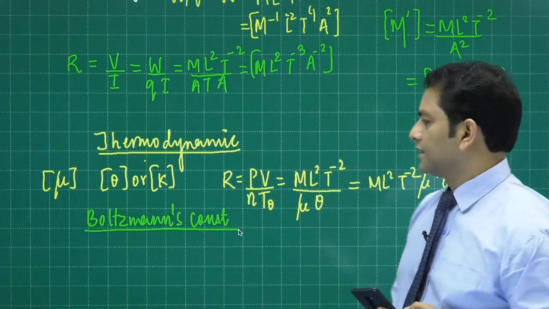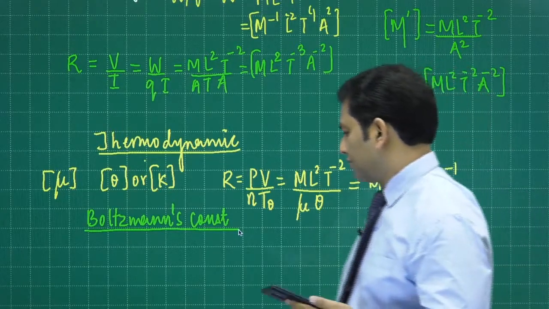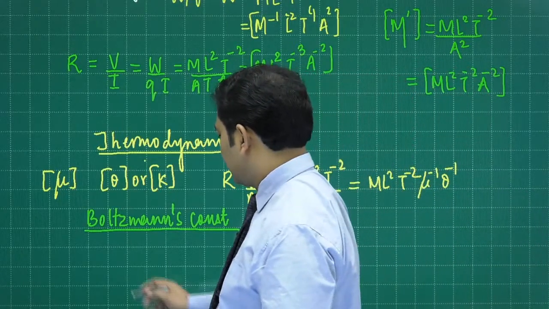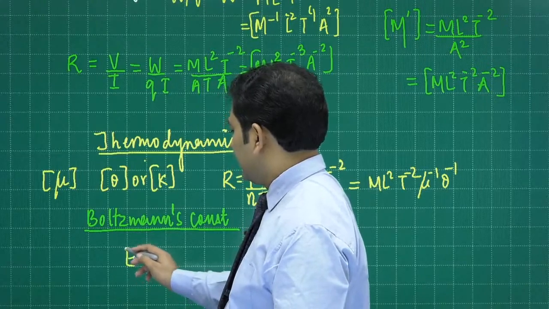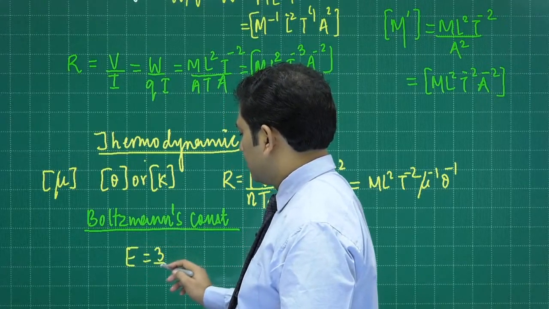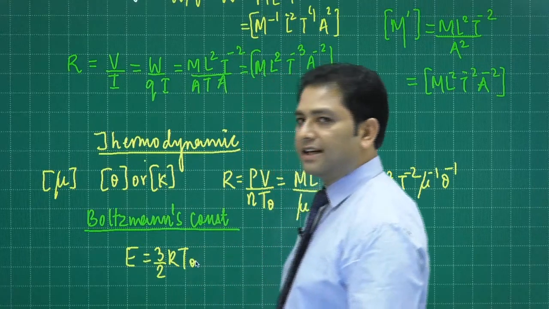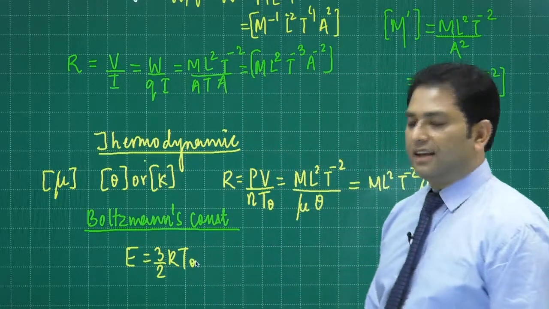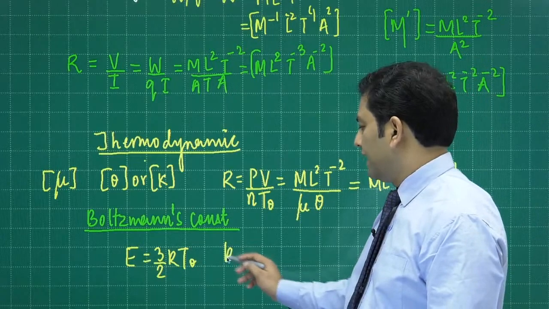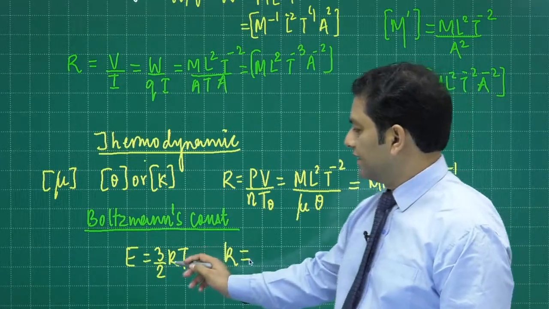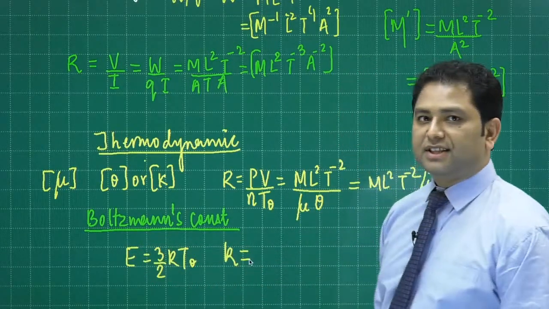So the dimension of Boltzmann's constant, if we want to calculate that, energy equals 3 by 2 K times temperature. Let us write temperature as theta. And if I want to find K, let us say that is energy by temperature.